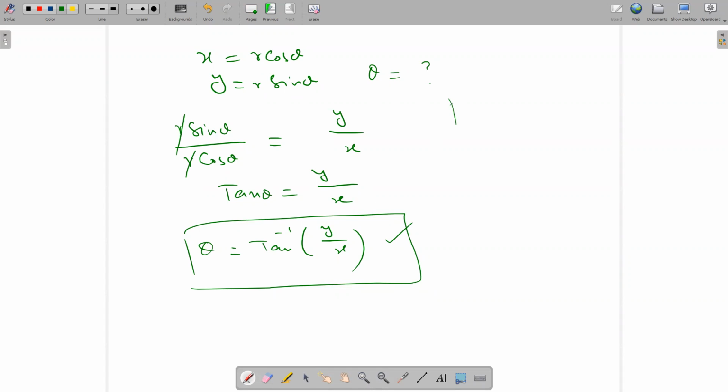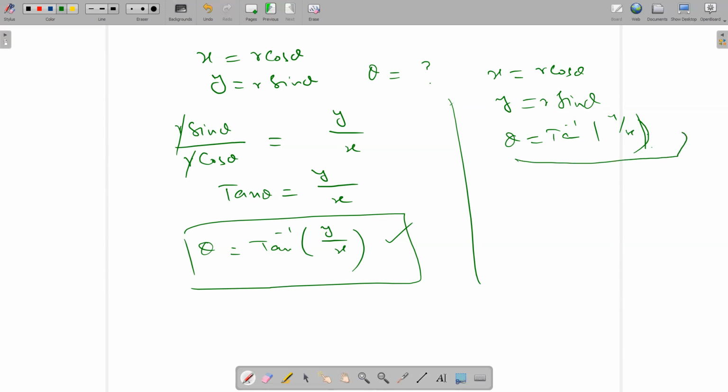So you have to remember that x is equal to r cos theta and y is equal to r sine theta, and theta is equal to tan inverse of y over x. But this formula is valid only if x and y are both positive. In mathematics, you have studied quadrants.